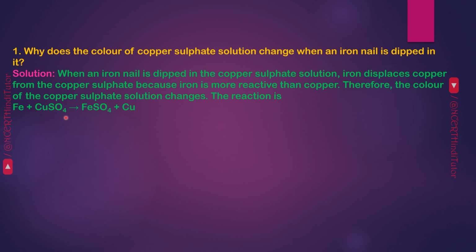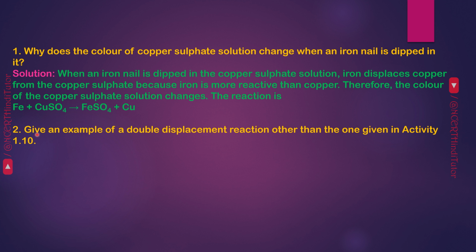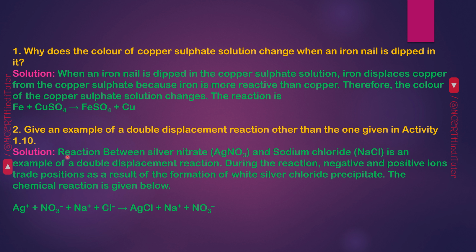The reaction is Fe plus CuSO4 gives FeSO4 plus Cu. Question 2. Give an example of a double displacement reaction other than the one given in activity 1.10. Answer. Reaction between silver nitrate AgNO3 and sodium chloride NaCl is an example of a double displacement reaction.